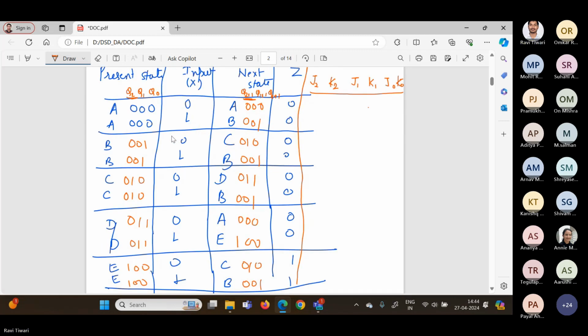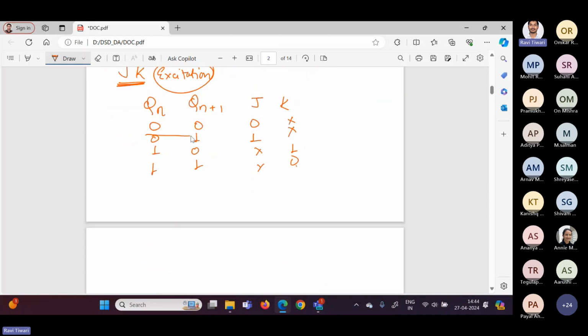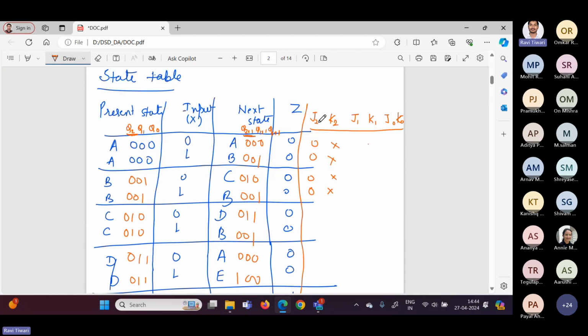So this is the excitation table of JK flip-flop that we are using to find out the value of J and K. So if you compare it, you will get 0 0, don't care here. This is 0 don't care, 0 don't care. If it is 0 0, you see this is the 0 0 condition, and the J value and K value is 0 don't care. So if this is 0, this is also 0, you will get 0 don't care, right?